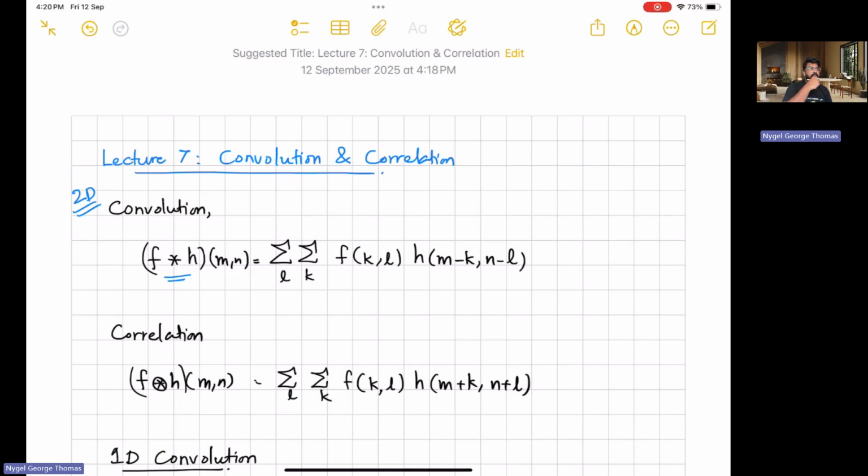We've already seen how we can use convolution as an operation for linear shift invariant systems. If you have to find the output of a particular signal through a linear shift invariant system, we basically have to find the impulse response and convolve it with the signal. That's where we'll be using convolution and correlation here. Let's end this discussion here.